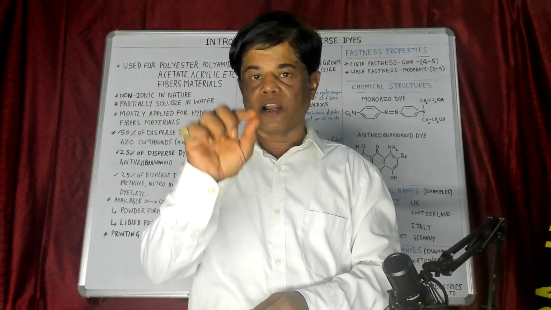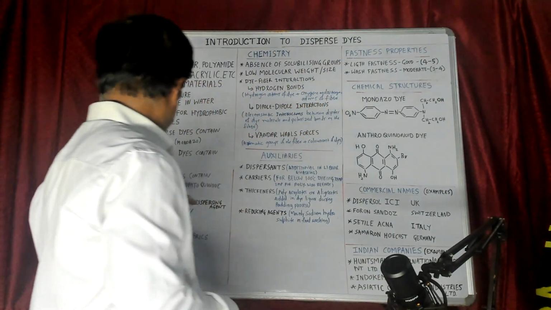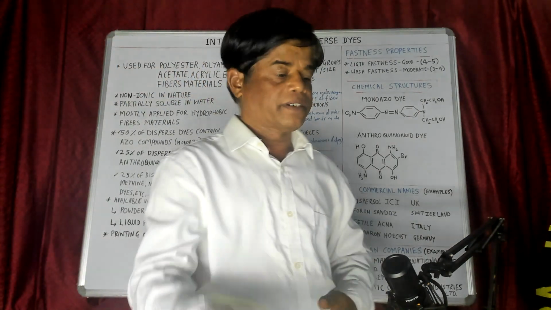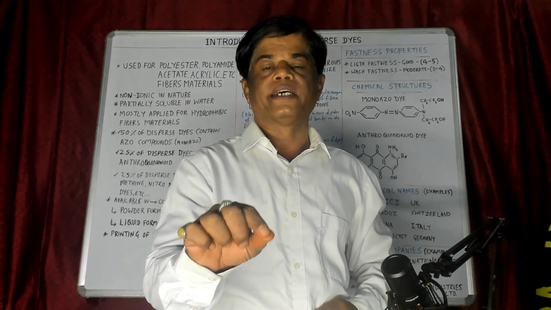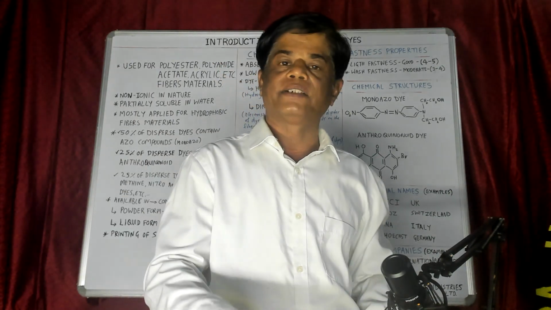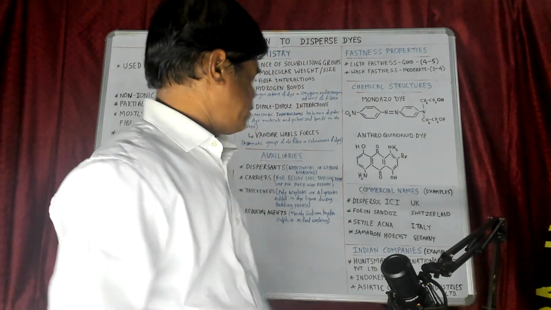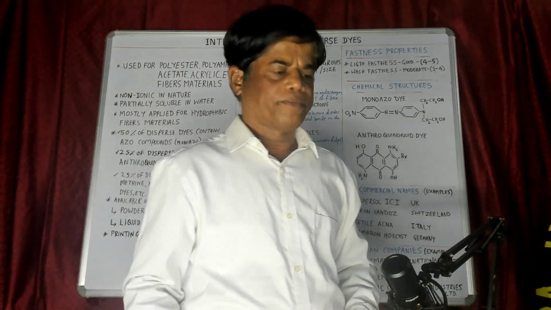Friends, hope you are understanding. I already told at the very start of this video that disperse dyes are not only used for dyeing, they are also used as a pigment to print fabrics in different designs.